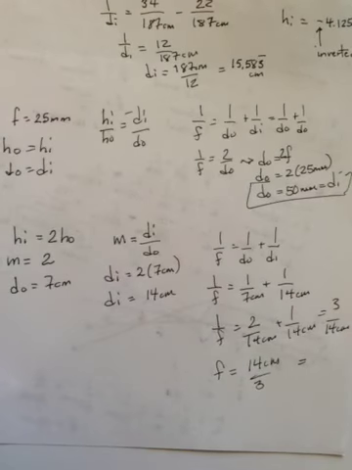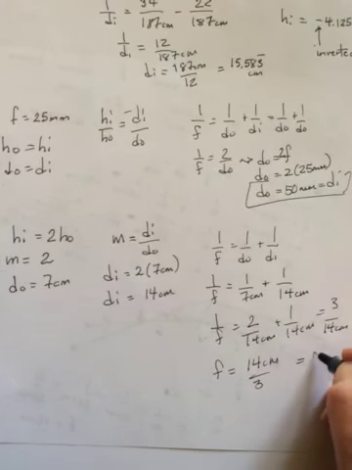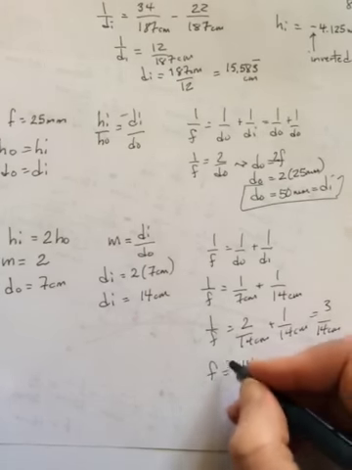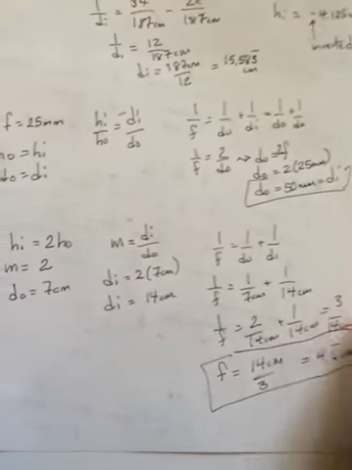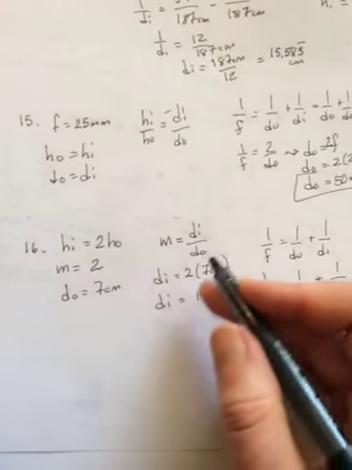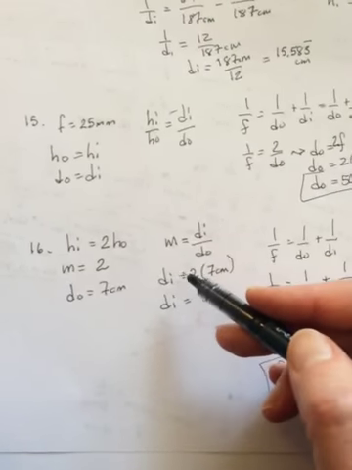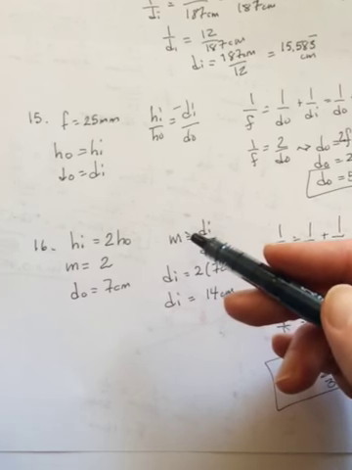14 over 3, 4.6 repeating centimeters. Now, whoops. I didn't put the negative in because I knew it wasn't virtual, right? Because it said object is 7 centimeters.